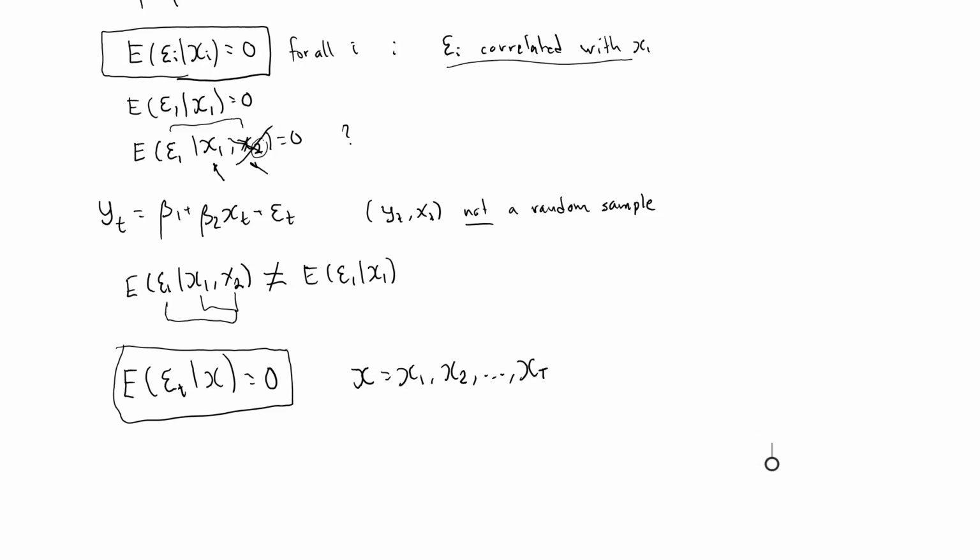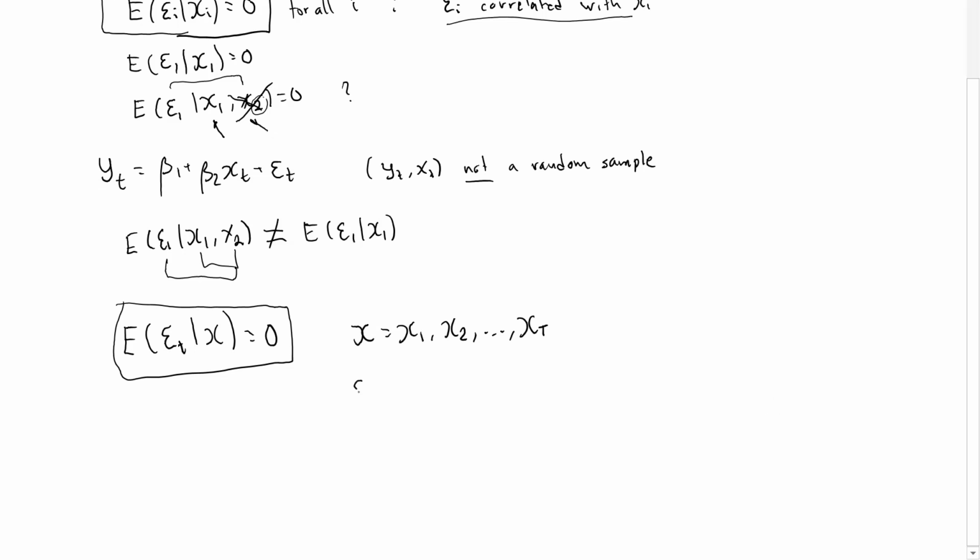But in the time series model, that is an issue. Now it is suddenly possible for the error term at time t to be correlated with the x value at another time period, and we need to rule that out if we want the exogeneity assumption.